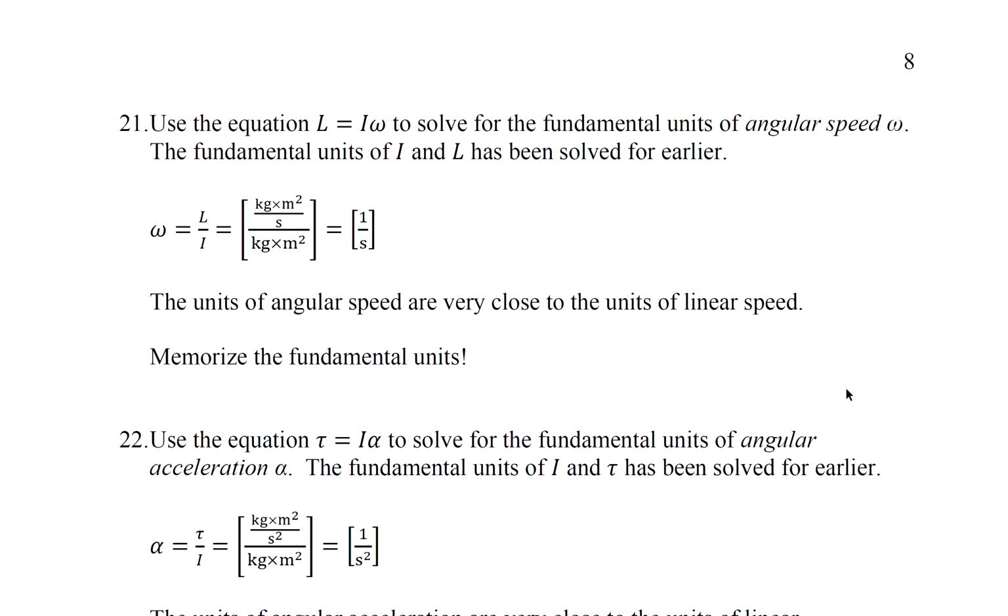Use the equation L equals I omega to solve for the fundamental units of angular speed omega. So let's solve for omega, and we've already solved for the fundamental units of L and I earlier. So the fundamental units of angular speed is 1 over s, which is very close to meters over second.